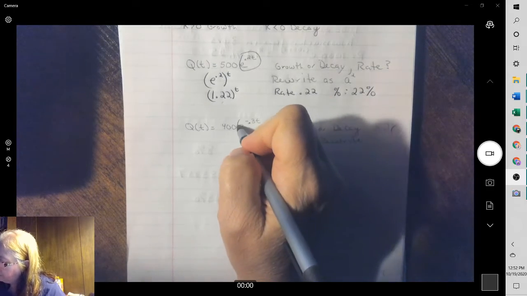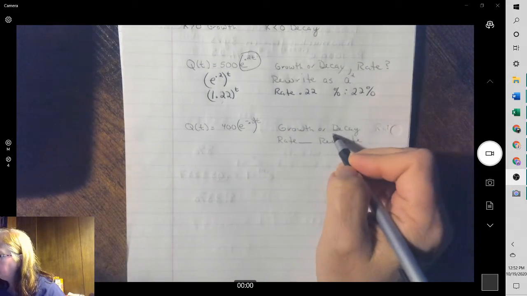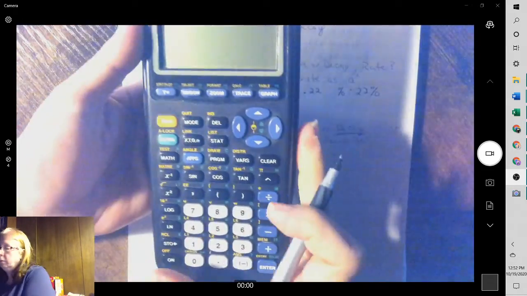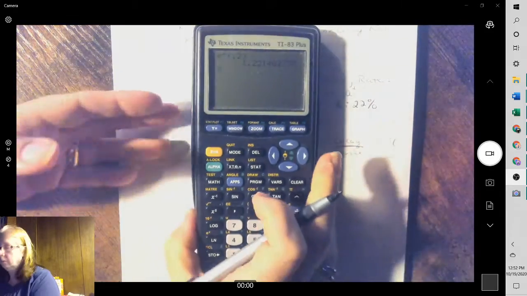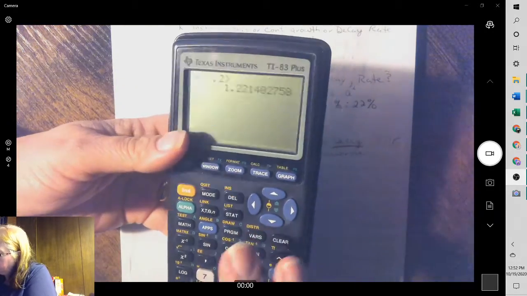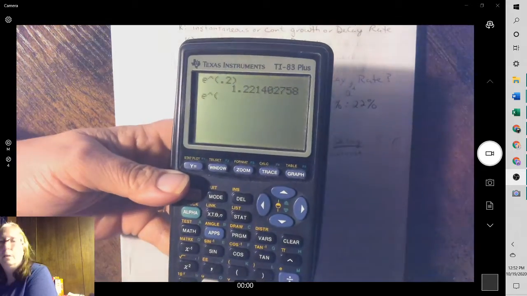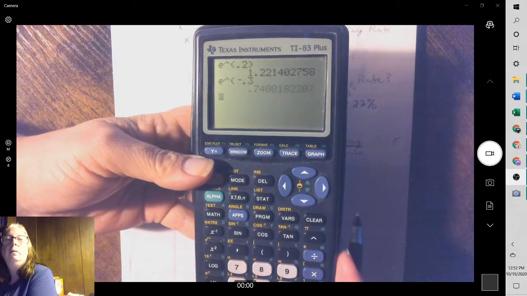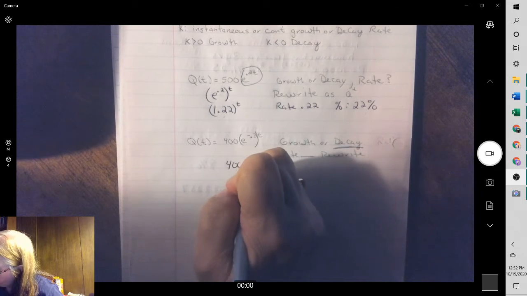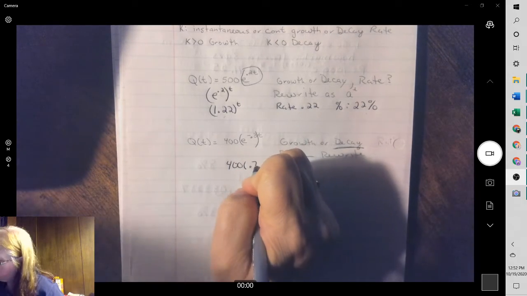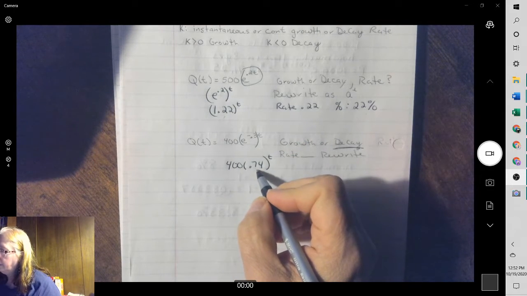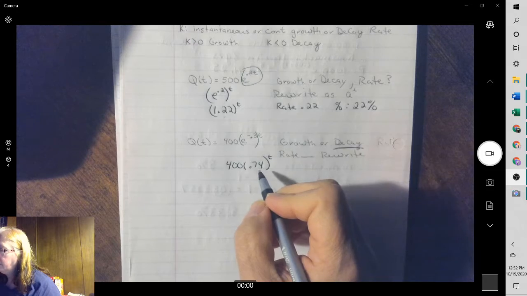This one, again, the negative means it's a decay. To rewrite it, second e, and it was a negative 0.3, which gives us 0.74 to the t. This is less than 1, so it is a decay.